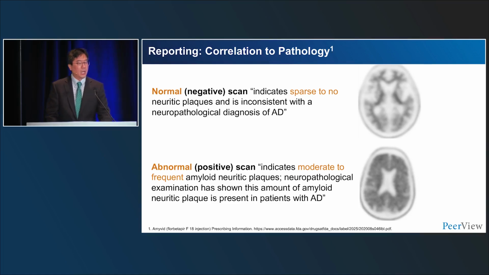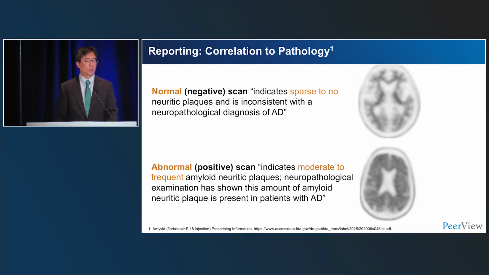Okay, so this is how John and I prefer to dictate it. We don't say in our report, in our impression, this is consistent or not consistent with Alzheimer's disease, because that really requires the clinical information, all right? We're here to report out, almost like pathologists, right? A normal or negative scan indicates sparse to no neuritic plaques and is inconsistent with a neuropathological diagnosis of Alzheimer's disease.